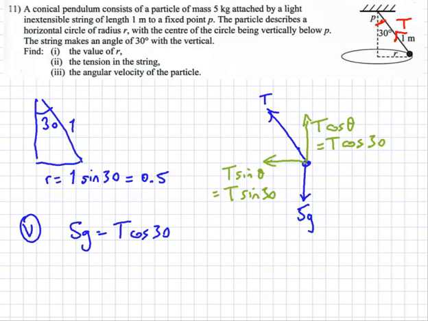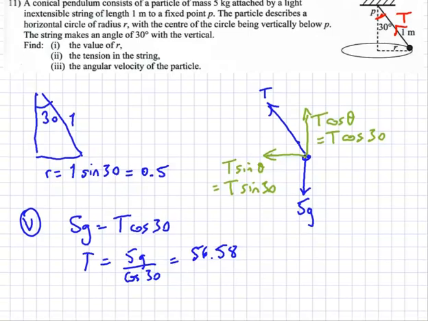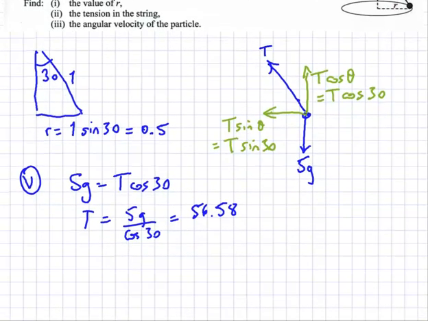So vertically, we have 5g is equal to T cos 30. If we do 5g divided by cos 30, this calculation, we end up with 56.58. Okay, so we know what T is. So once we know what T is, we can work on this horizontally. We can talk about the force that's acting in towards the center of the circular motion.